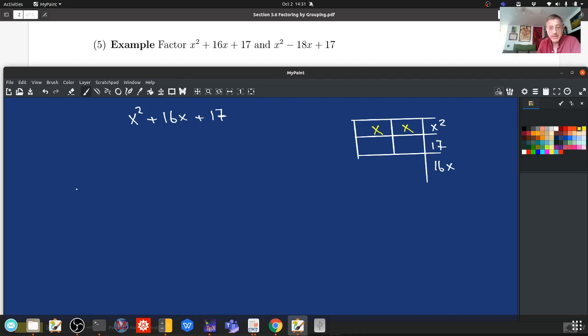You know, 17, I only have two choices. 17 is prime, so that's equal to 1 times 17, or minus 1 times minus 17. Since I want 16x, I'm going to use 1 and 17.